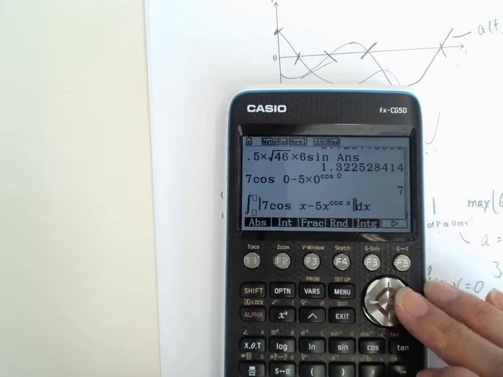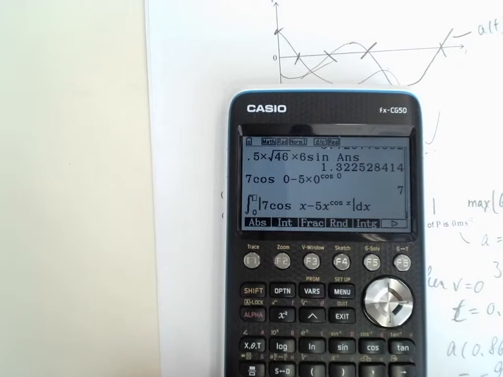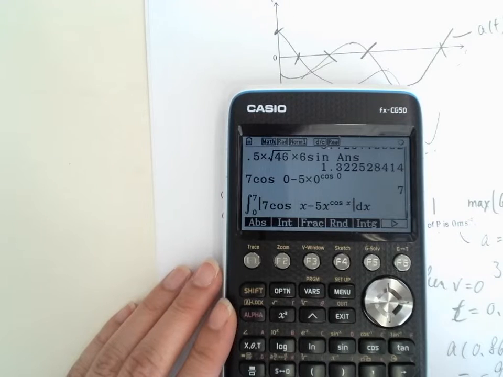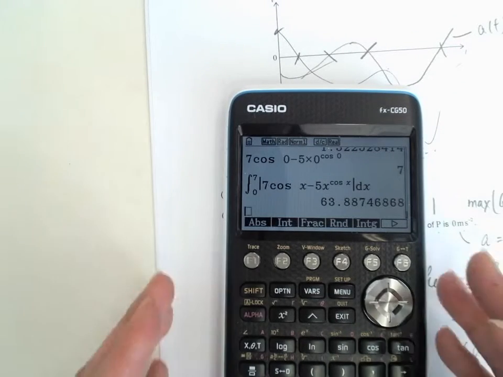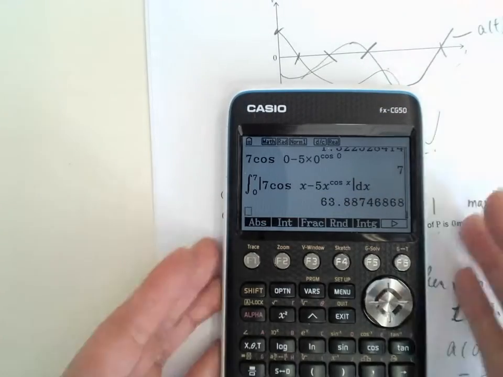Now we have 0 to t. It's doing the work, right? Do that, yes. And then remember you have magnitude, so it works for those.